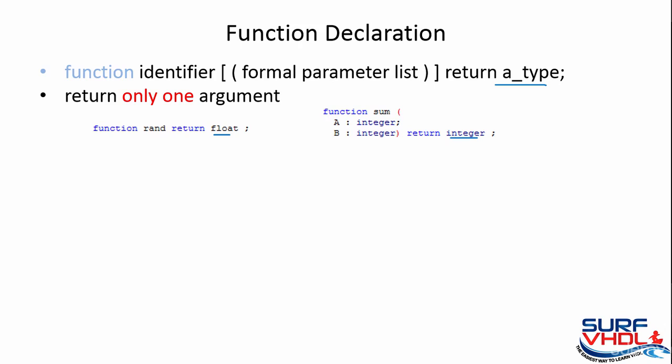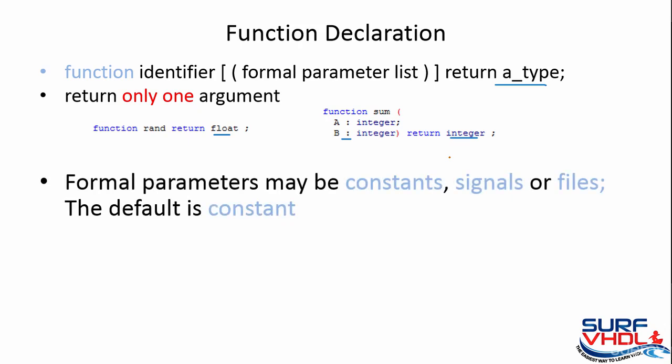Formal parameters are separated by semicolon in the formal parameters list. Each formal parameter is essentially a declaration of an object that is local to the function. The type definition used in formal parameters must be visible in the place where the function is being declared. No semicolon follows the last formal parameter inside the parentheses.